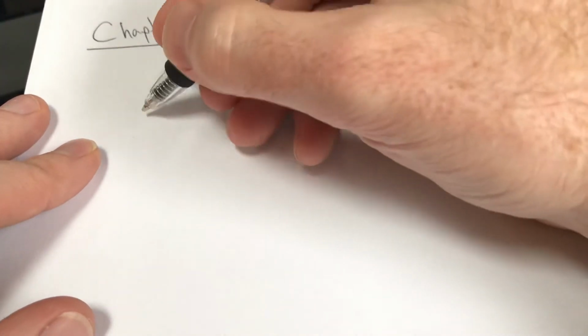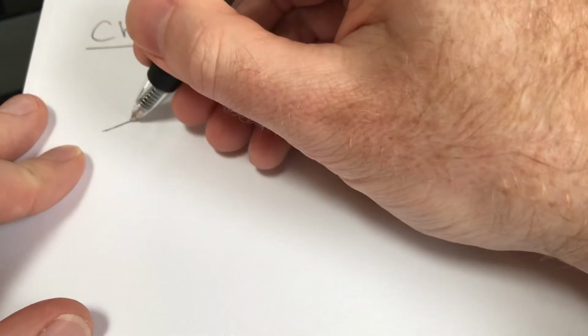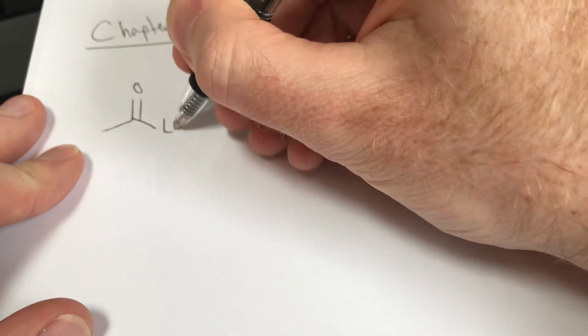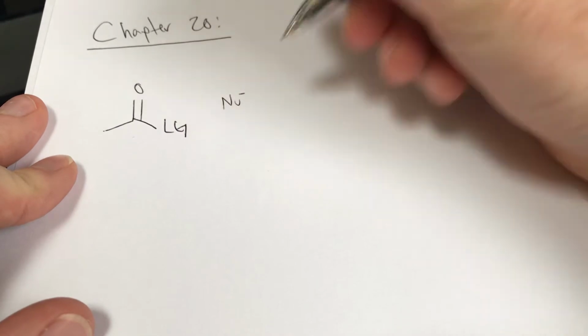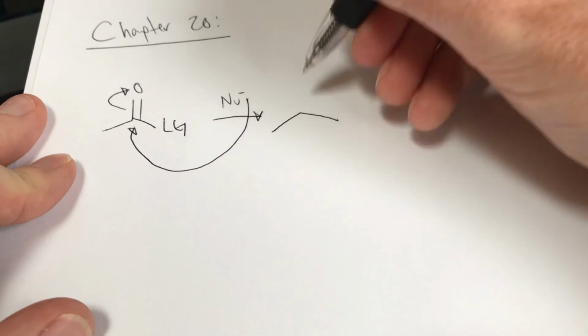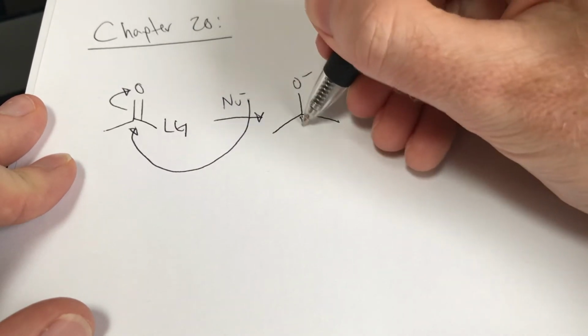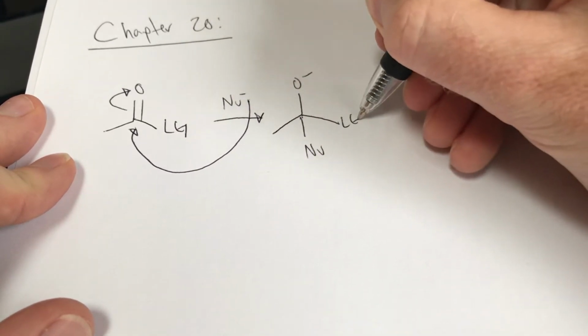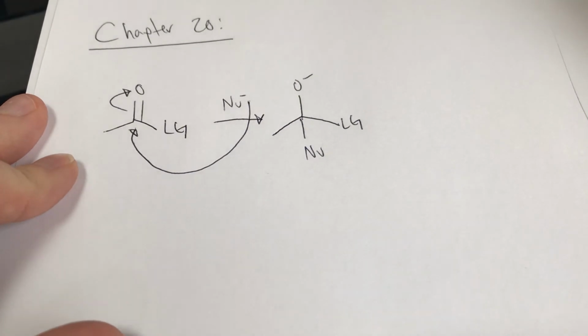The overall mechanism in chapter 20 involves that leaving group. Essentially what we're doing is taking a nucleophile, just like before, breaking that pi bond, adding something new, right? But this is the part where it gets different.